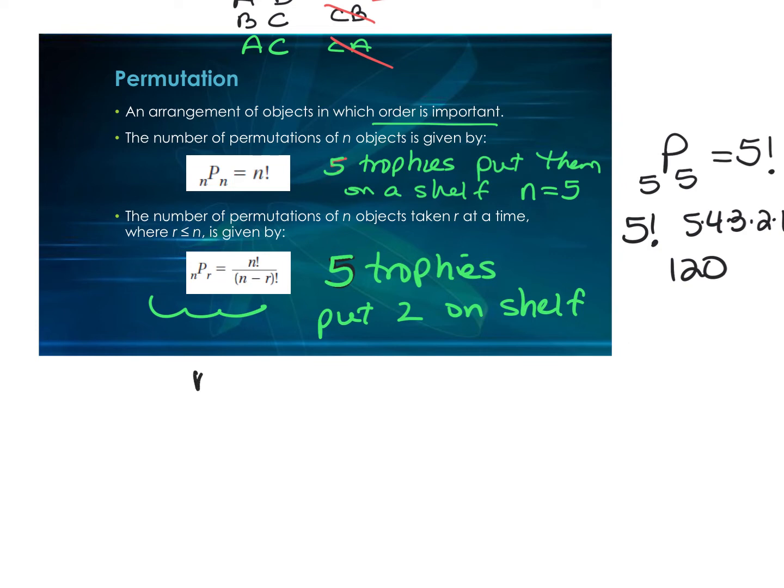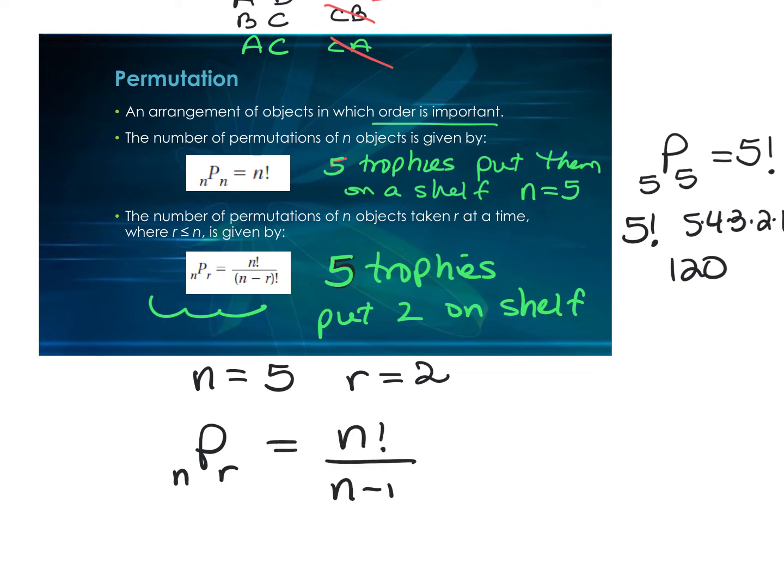So the n value is how many objects you have, and the r value is how many you're going to take at a time. So I'm going to be taking 2 at a time. So I'm going to be putting it into the formula. nPr equals n factorial over n minus r factorial.